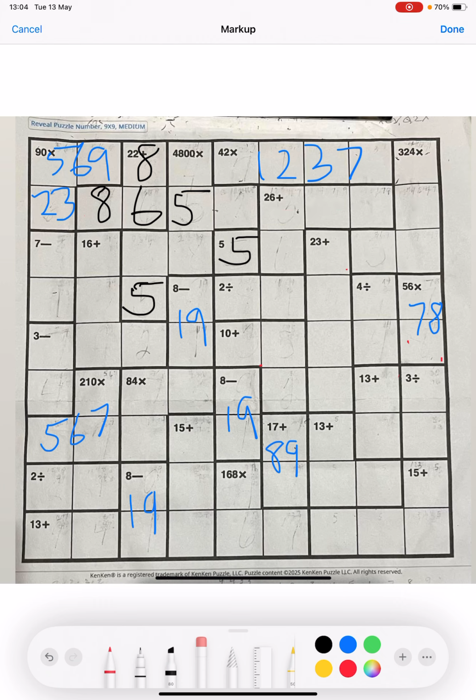If I've got a 1 in the 26 cage, what happens with that? Let's pencil it in.